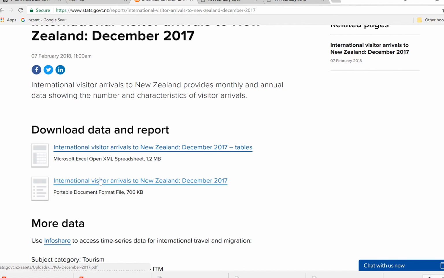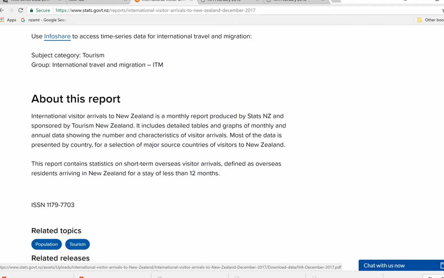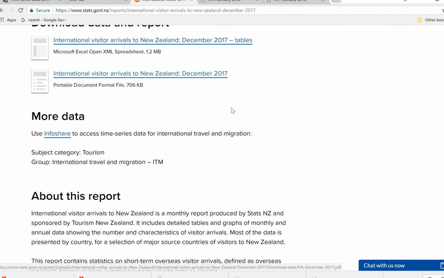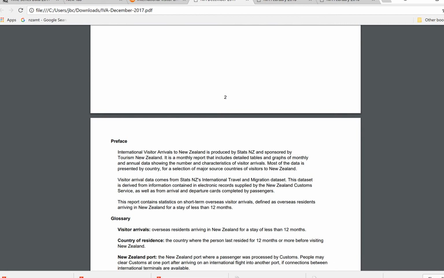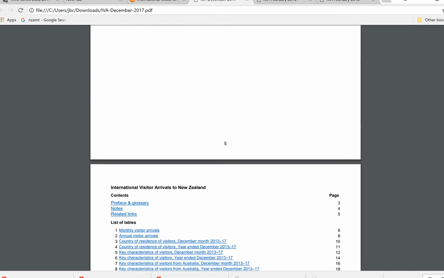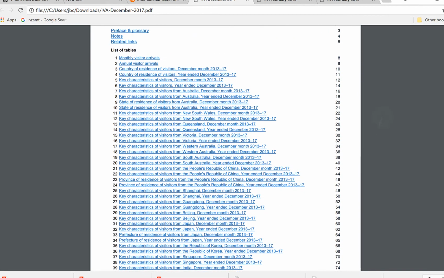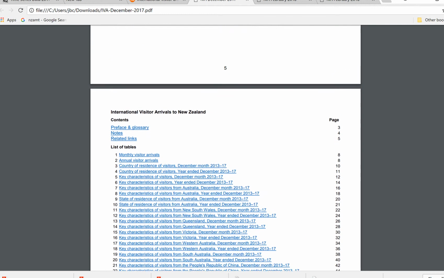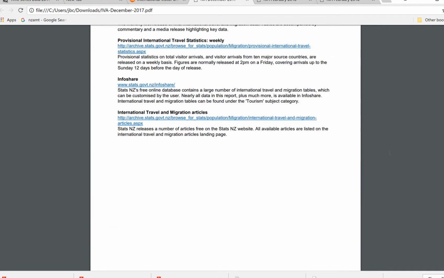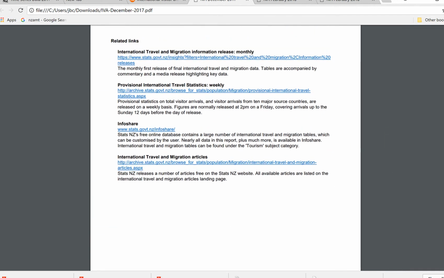And we'll click on international visitor arrivals. This is going to be mainly tables, whereas we want descriptions. So we'll look at the other links here.